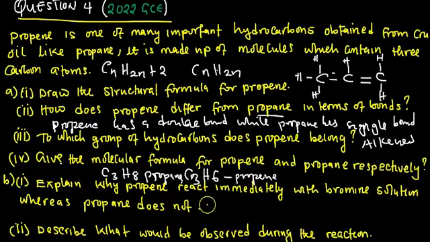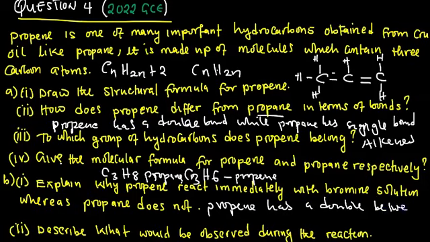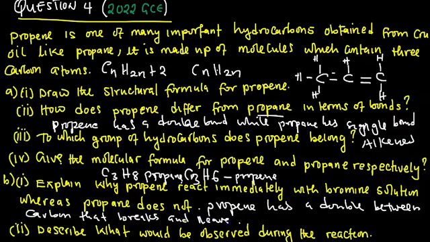Okay, so propene has a double bond between carbons that breaks and leaves room for attachment of bromine.